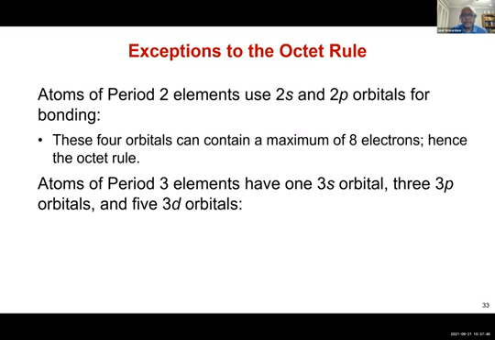There are 5 d orbitals, each of the 5 orbitals in the d subshell can have 2 electrons, so 10 more electrons. Therefore, 18 electrons could be accommodated in period 3. So the octet rule doesn't apply directly.